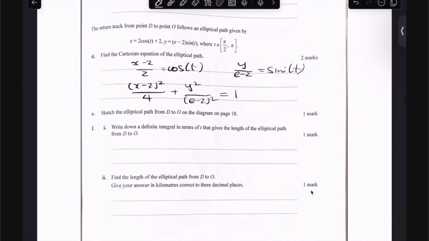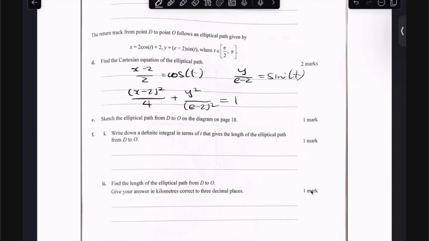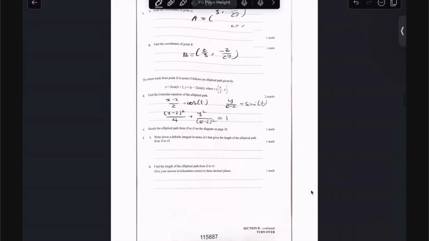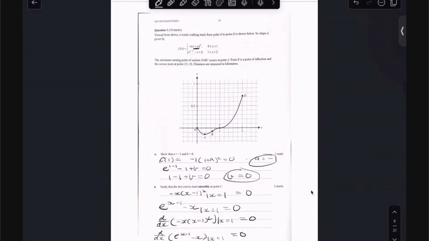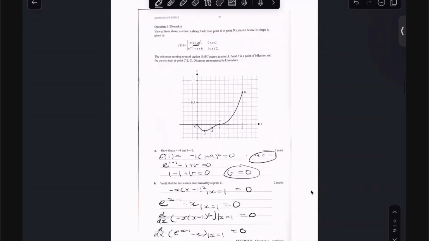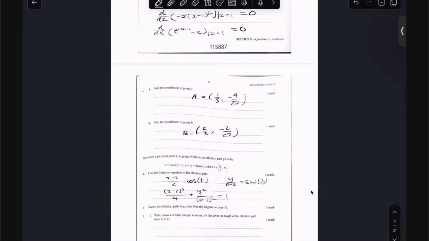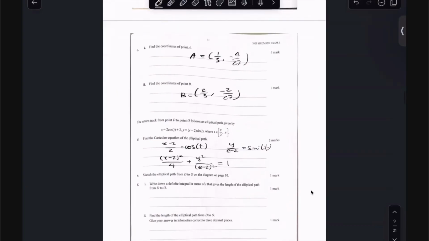Sketch the elliptical path from D to O on the diagram on page 10. Where's page 10? Is that here? 10, yes, this is 10. So the center of the ellipse is 2, 0.